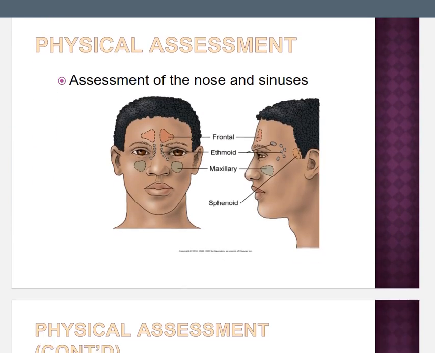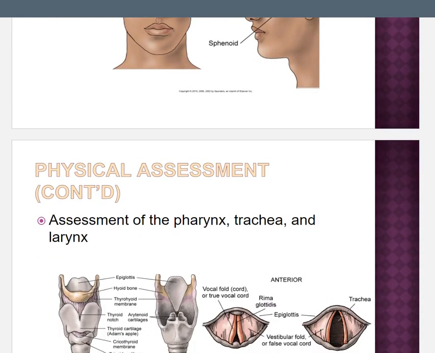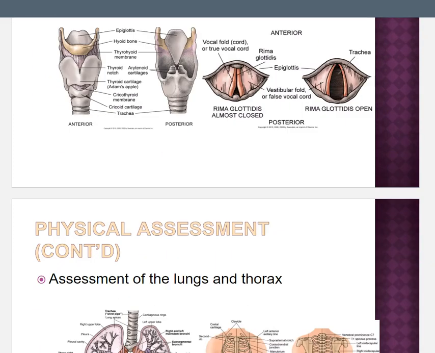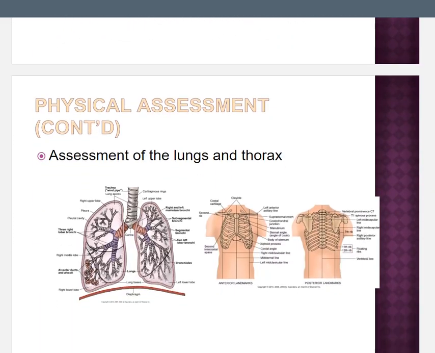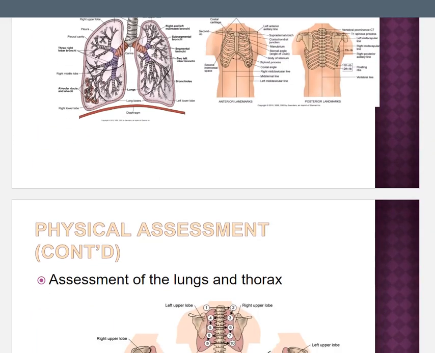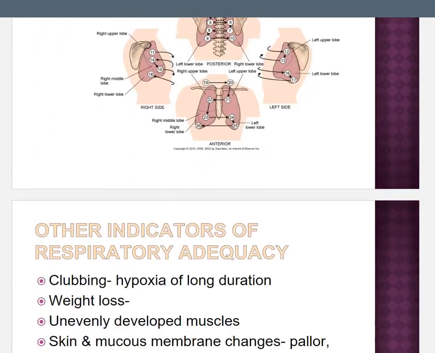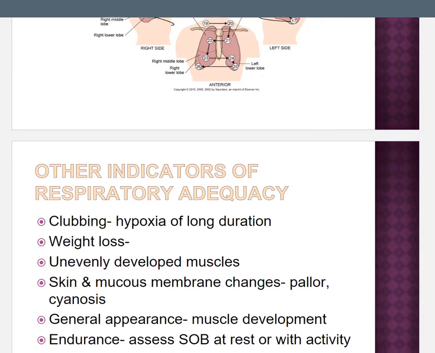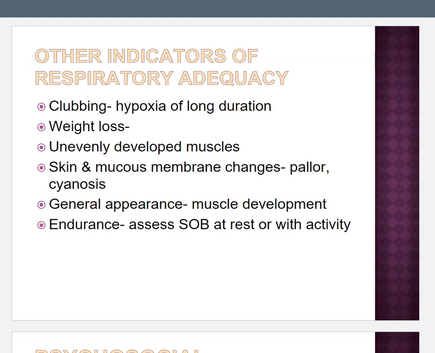Physical assessment. We went into this the other day. Just a reminder that visual assessment when we're thinking about the respiratory system, looking at color, looking at the expansion of the chest wall. Are they unevenly developed muscles?